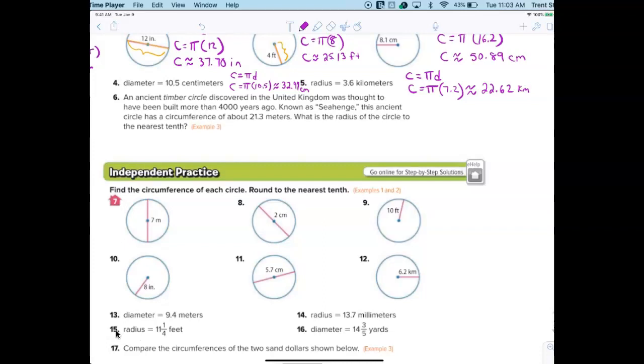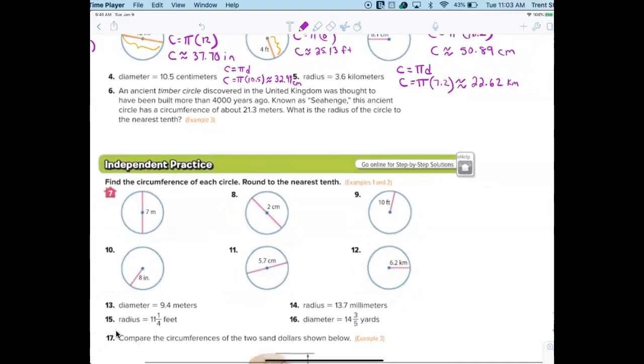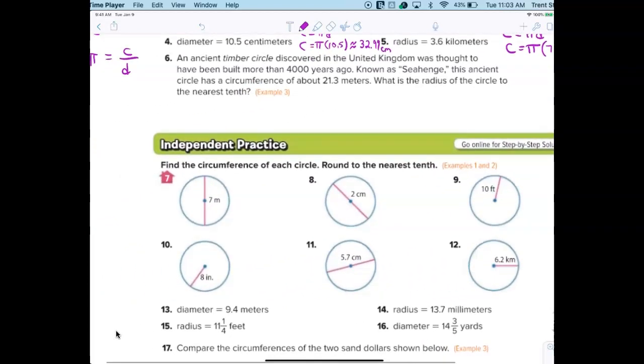All right, so I want everybody to write down the formula again. Circumference equals pi times the diameter. Everybody happy with that? Now, what is the circumference again? 21.3. James? So I replace the circumference with 21.3 equals pi times the diameter.